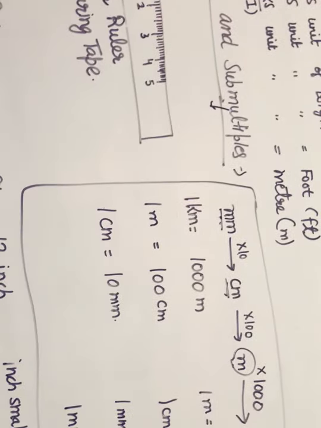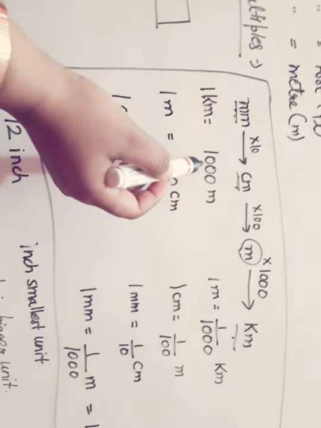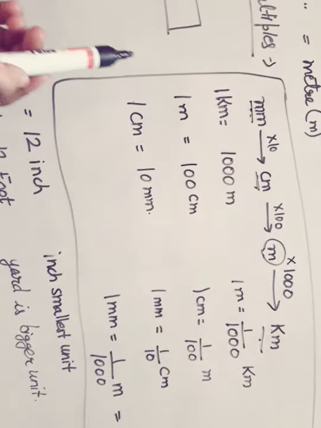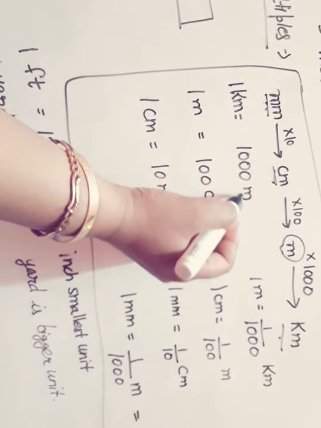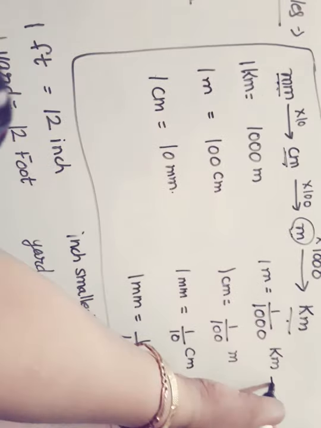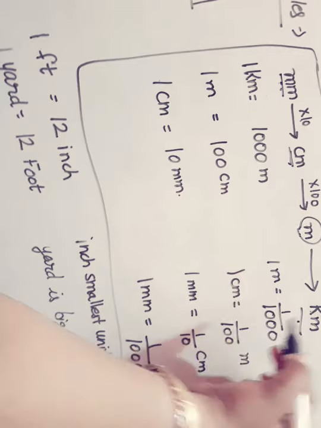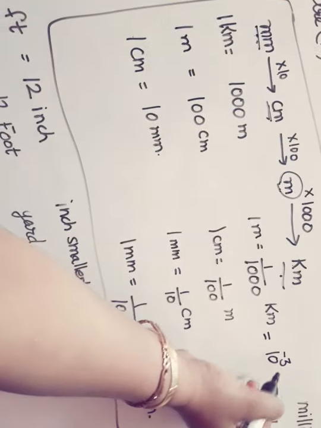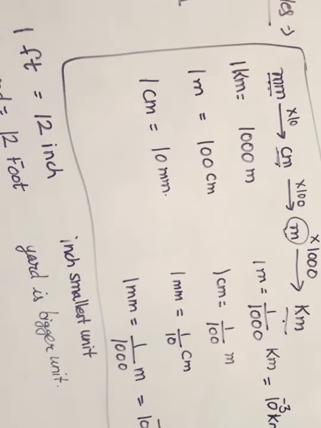Now what is the relationship between these units? 1 kilometer equals 1000 meter, so 1 meter equals 1/1000 kilometer, because the 1000 comes down. You can write it as 10 to the power minus 3 kilometer, since the three zeros go up and become negative.